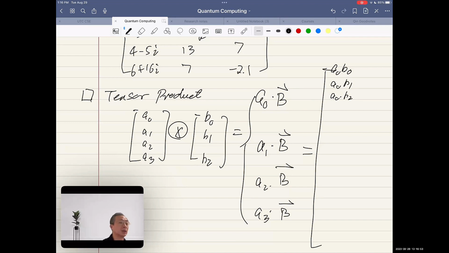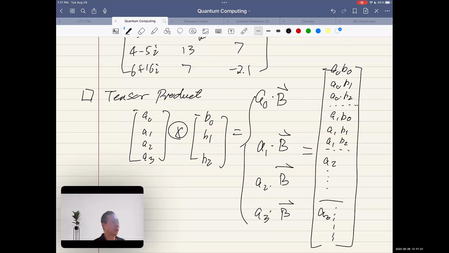This will be the first one, and then A1 B0, A1 B1, A1 B2, and then with A2, A3. So that's the tensor product. And let's go back to the example to illustrate this.